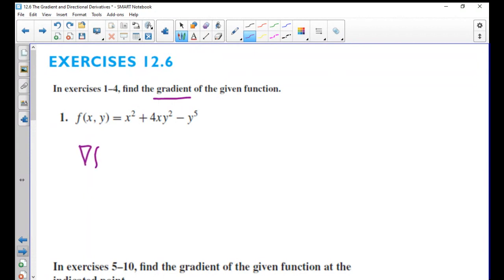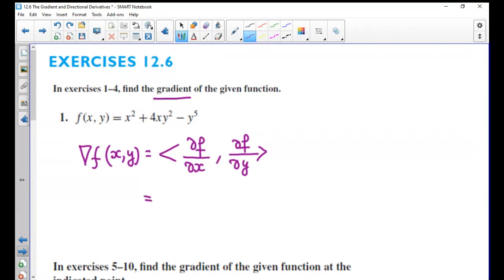So, the gradient of the function f. Remember the gradient will be df over dx and then df over dy. This is what the gradient is.